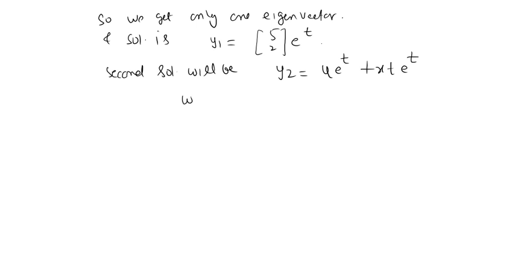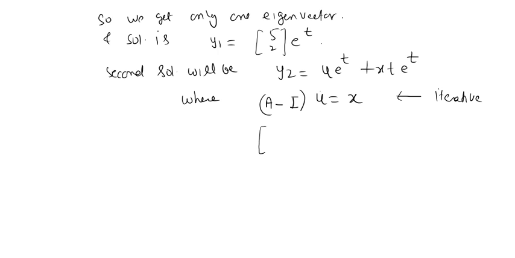And how do you determine u? So u satisfies (A minus lambda I) u equal to x, with lambda 1, so (A minus I) u equal to x. This is an iterative procedure. From the given eigenvector you find a new vector u. So from x you will find u.